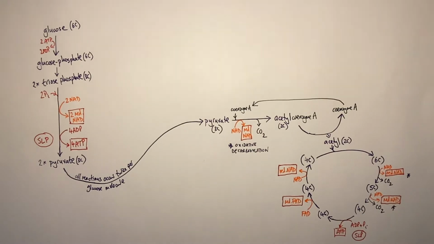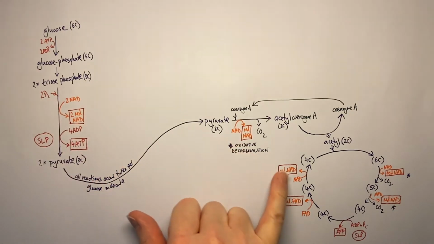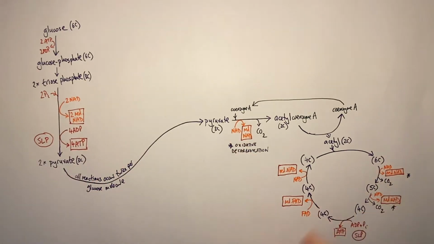The final part of aerobic respiration is when these reduced coenzymes are used. And this takes place on the inner mitochondrial membrane, using carrier proteins in that membrane to pass hydrogens and then electrons between them.